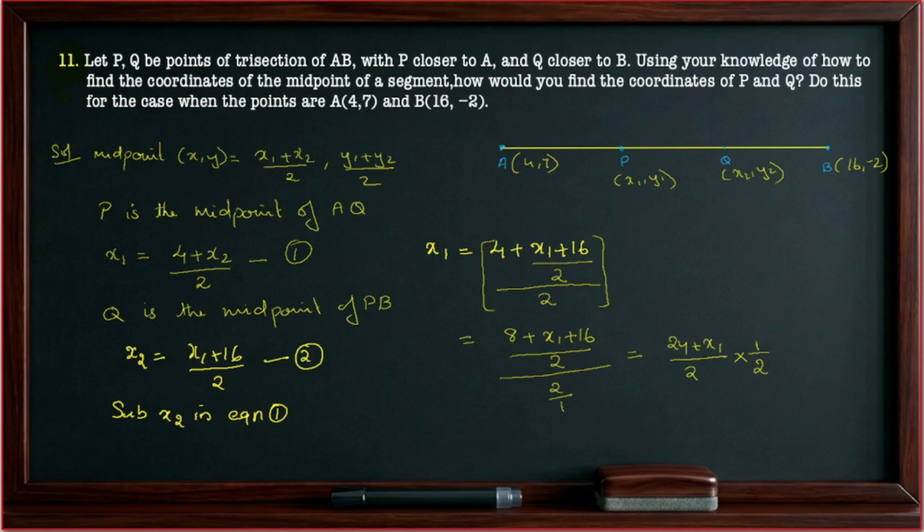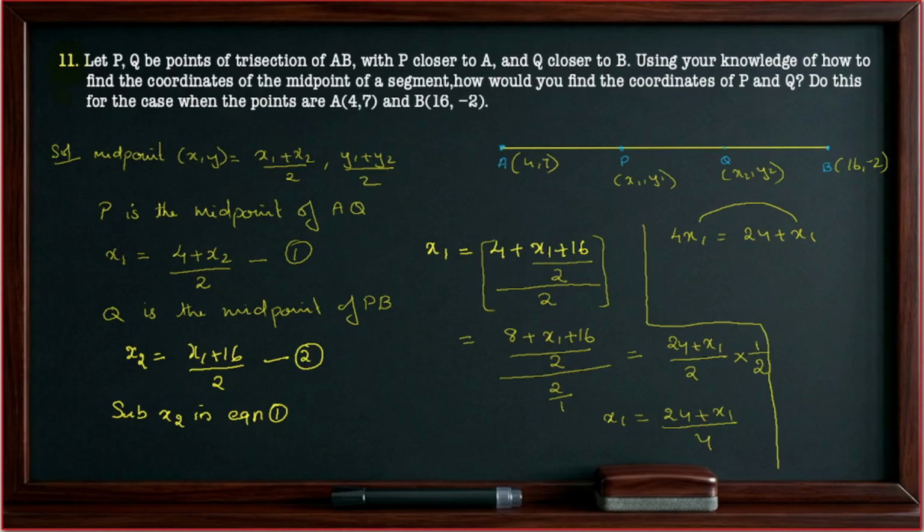When you change this division, it will become multiplication and it will take the reciprocal of 2, so it will become 1/2. So we can write x1 is equal to (24 + x1)/4. Then taking this 4 to this side, this will become 4x1 is equal to 24 + x1.